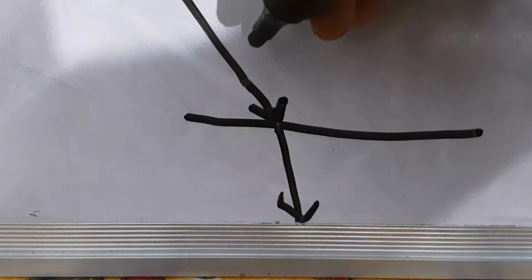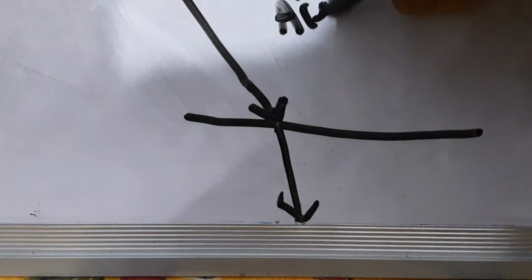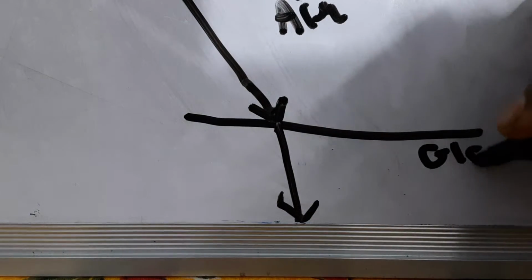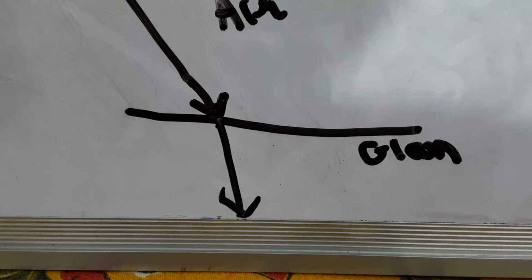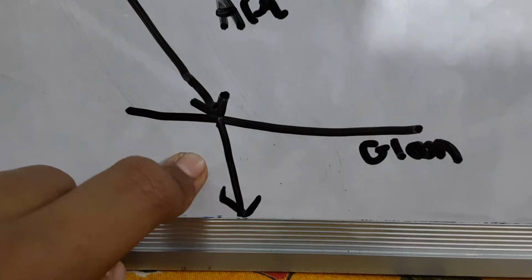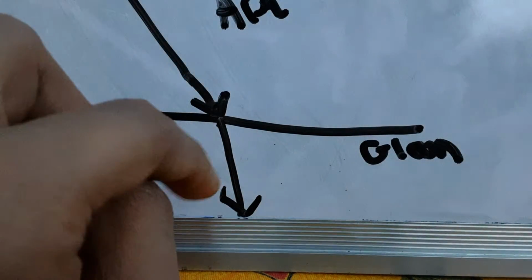So this is air, and it's getting refracted because of this glass. There are two different mediums here, and light is traveling in both. When it enters the glass, it gets slowed down, and because of that it is refracting.